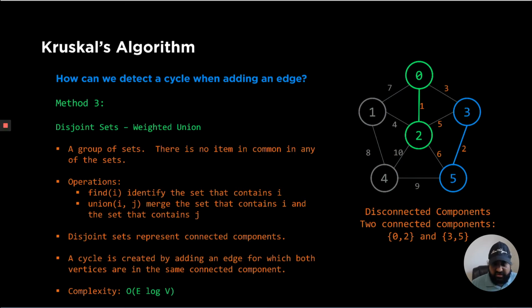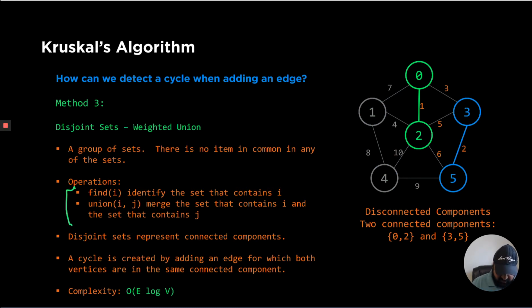So the disjoint sets idea is that we have a group of sets instead of just one set. This data structure is also called the weighted union disjoint set data structure, because there are different types of disjoint sets. In this case, since the edges are weighted, we are going to use that.